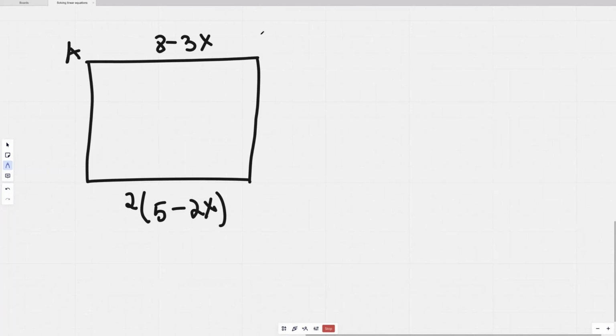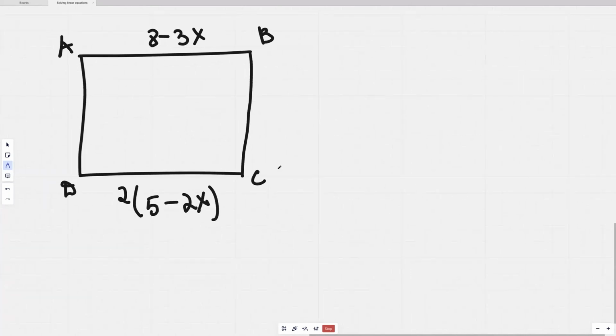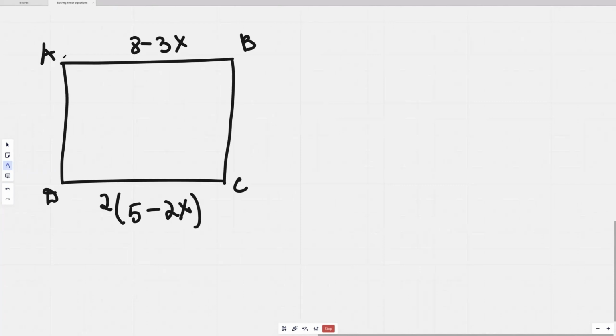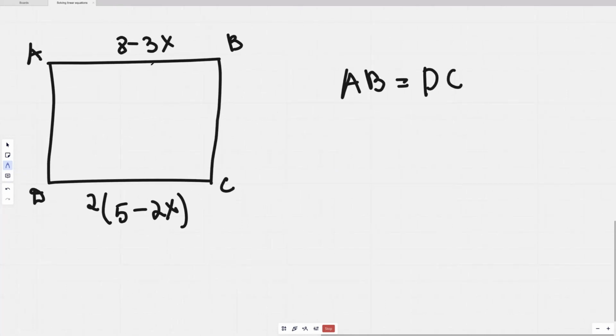A to B, and D to C. So from simple geometry, we know that in a rectangle the opposite sides will be equal to each other, which means AB is equal to DC here, right? Then we just need to put these terms together to make the equation.